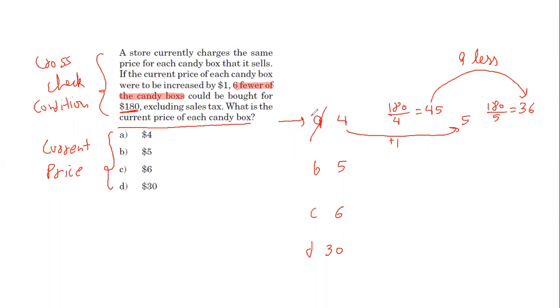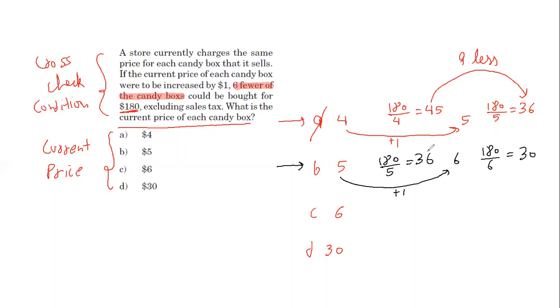But now let's go for B. Let's say, for example, I assume that the current price is $5. So if the current price is 5, I will be able to buy 180 over 5, that is 36 candy boxes. But if the price is increased by 1, it has become 6 now. If the current price is 6, I still have $180 with me. So 180 by 6, I will be able to buy only 30 candy boxes.